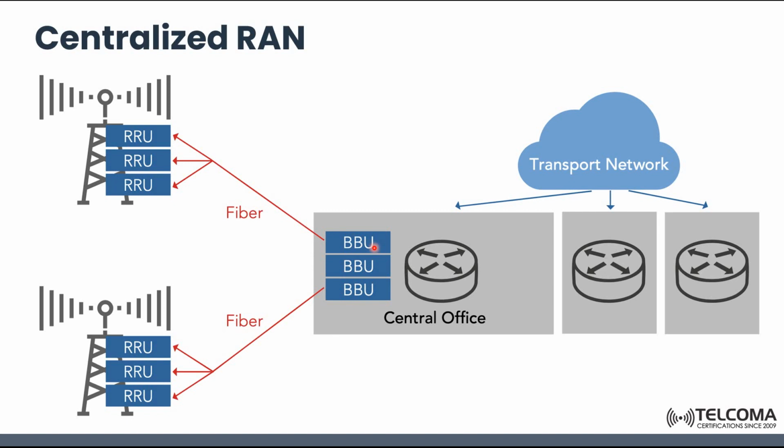So we locate the baseband units at a central location, pooling the resources and removing the possibility of a capacity crunch on the baseband units. This is all centralized RAN, where BBUs are connected and located at a central office, not at a cell site, and this can be connected through fiber.